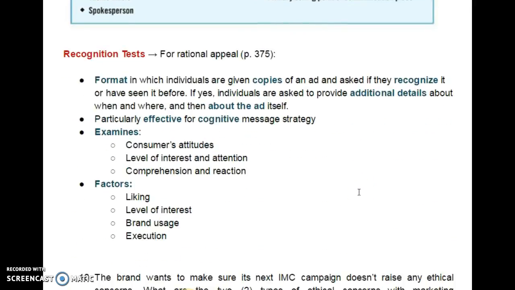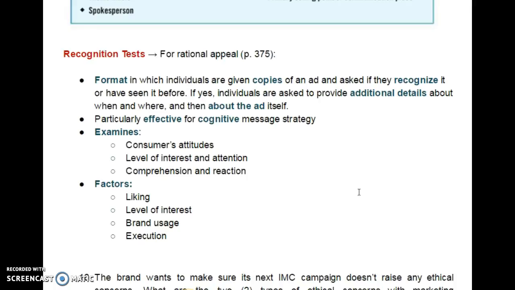Recognition tests for rational appeal. Format in which individuals are given copies of an ad and asked if they recognize it or have seen it before.